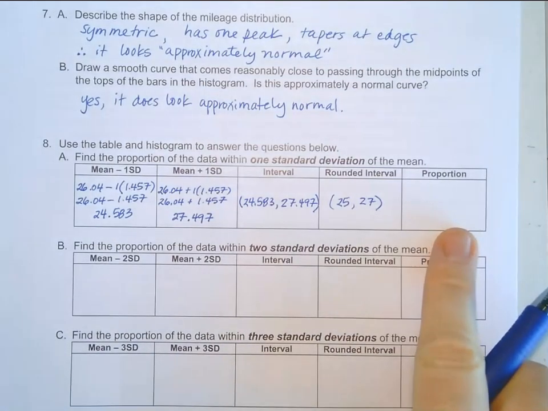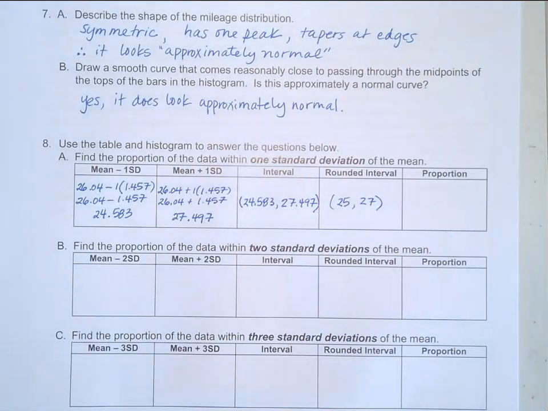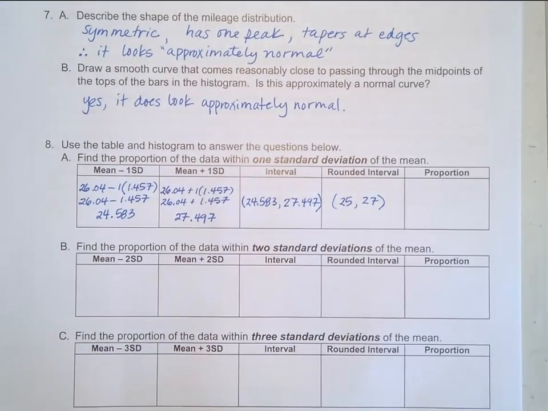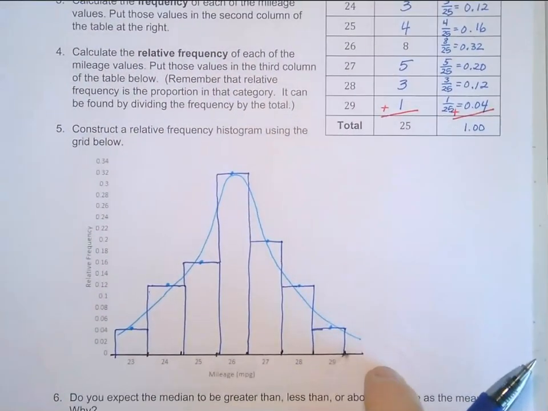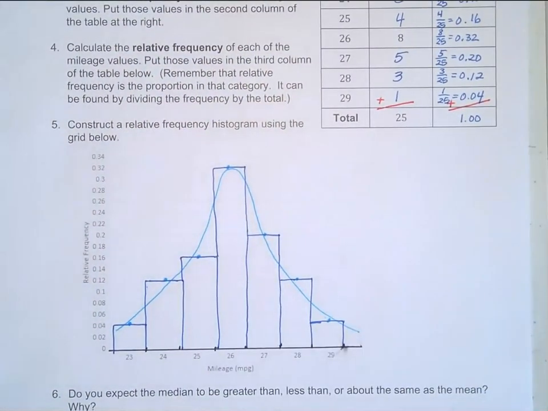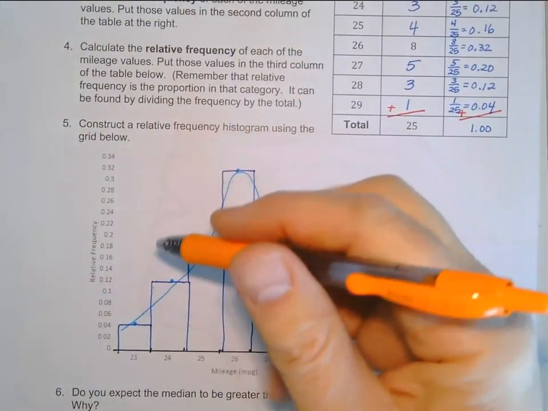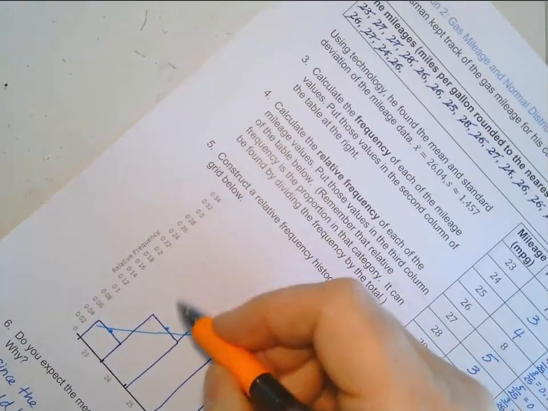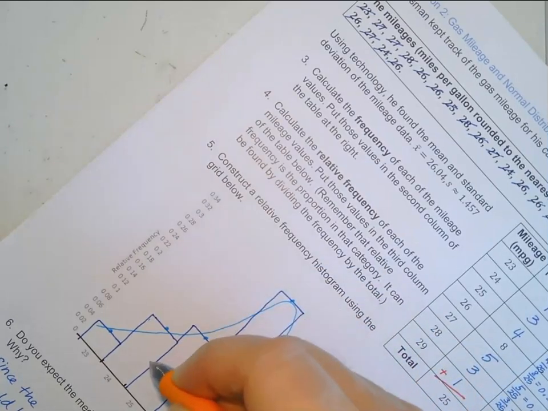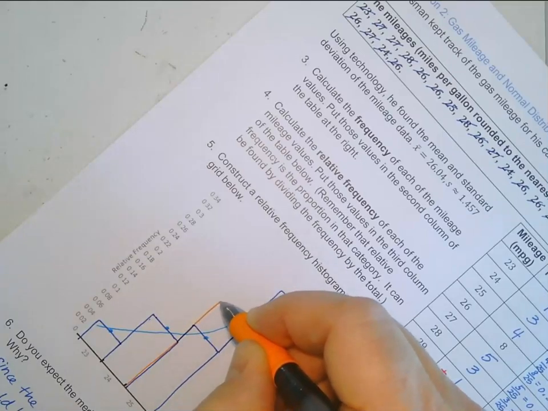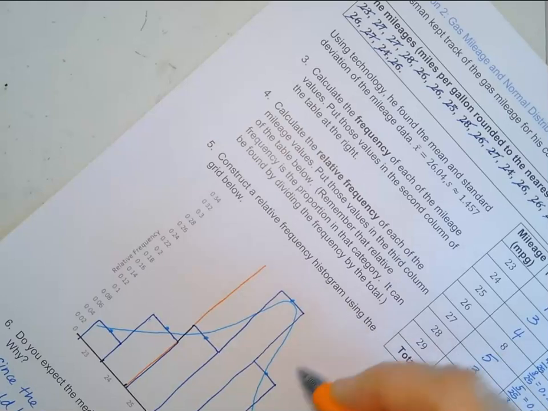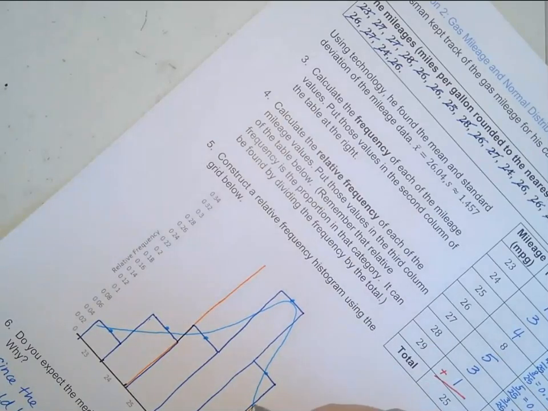The proportion of the data, well, we're going to have to go to our bar graph. So let me go to my bar graph. Okay, I'll put this back up, but let me go to the bar graph here. Okay, and we said that it goes from 25 to 27. I'll just use the rounded data here. So 25 would be here. I'll just draw. And then 27 would be right here.